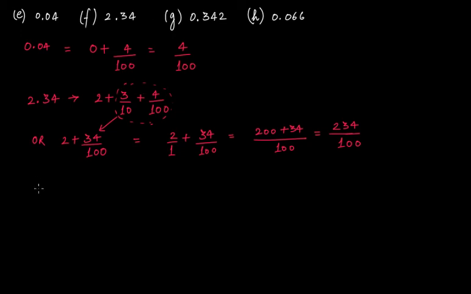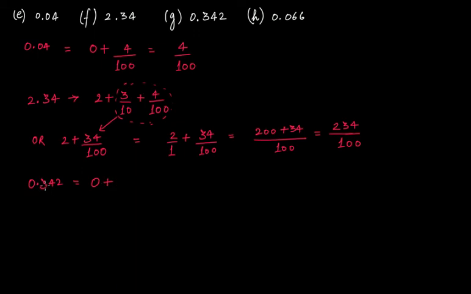You have 0.342. 0.342 again tells you that you don't have one entire thing but only some fraction of that. This 0.342 tells you that at the ones place you have 0, so 0 plus, right?